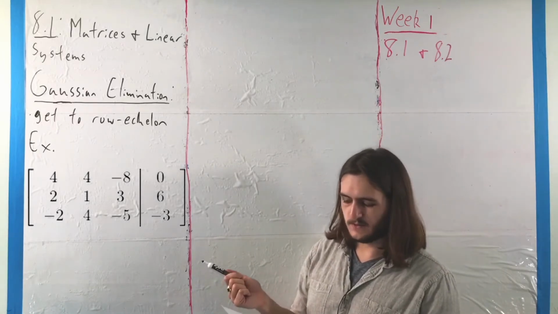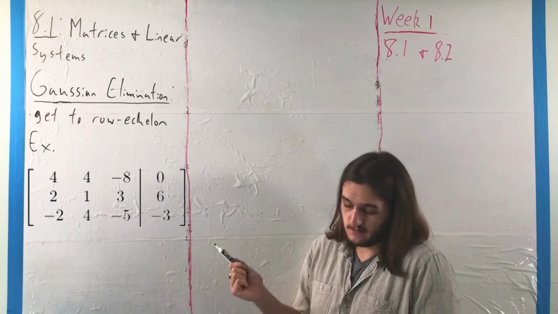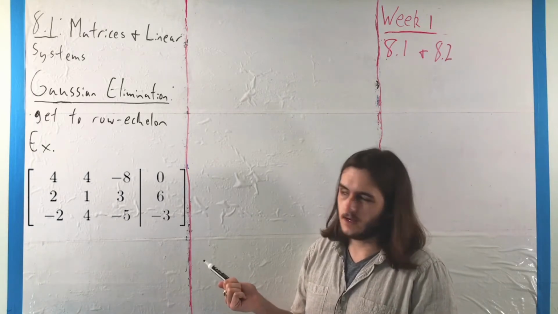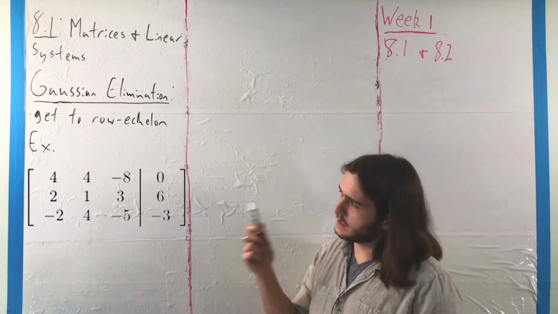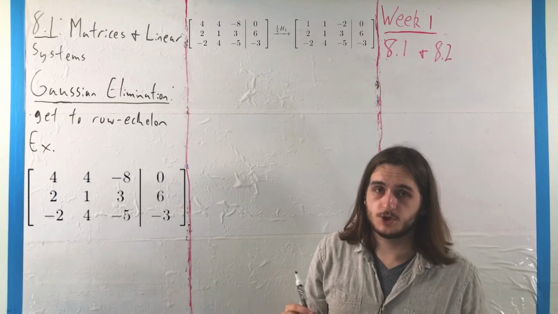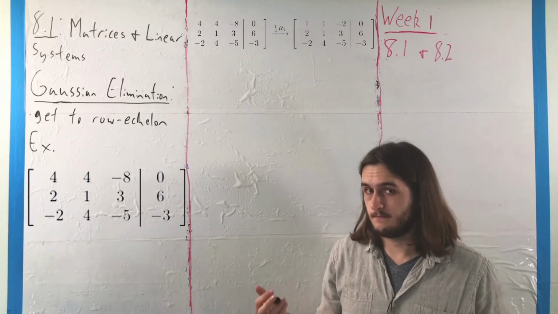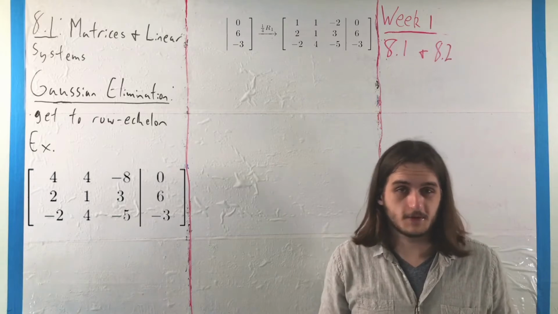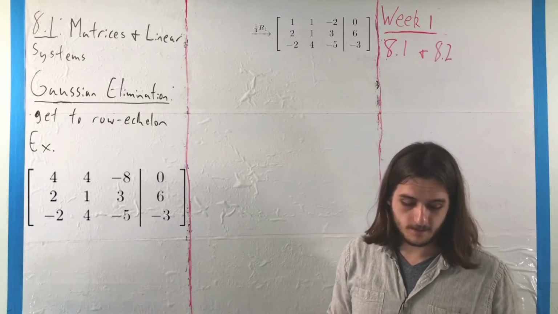The first one has a 4 and an 8, so that might be your best bet to work around. What you can do there is take that first row and apply a constant multiplication to it to get a 1 there. That's step 1, to get the 1 in that first part of the diagonal.